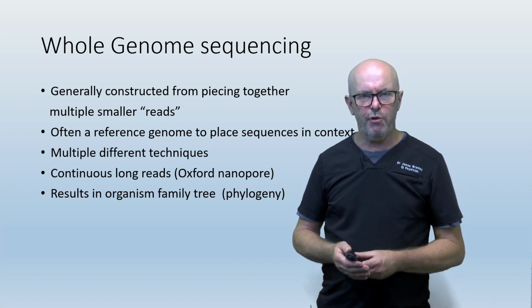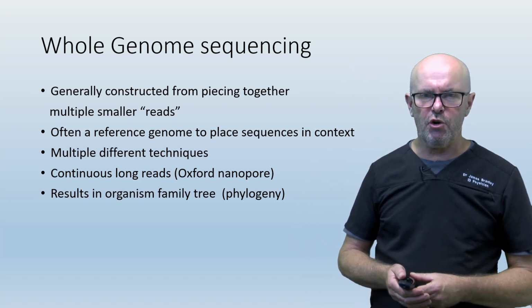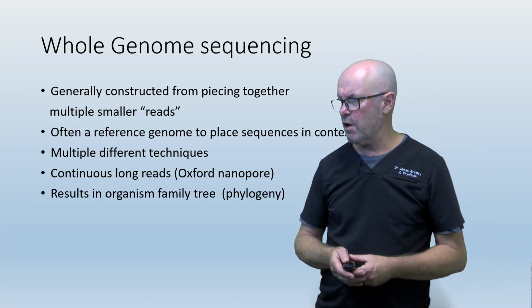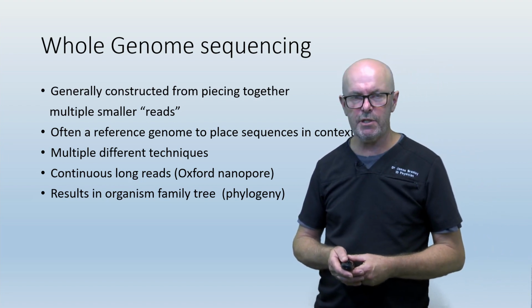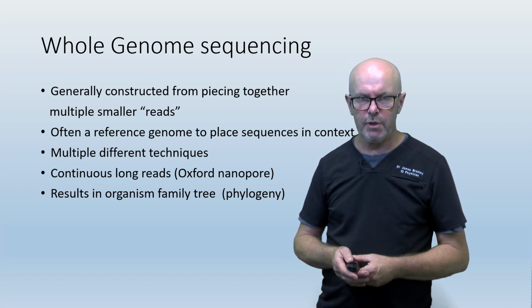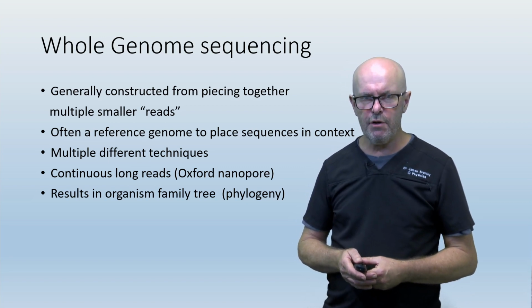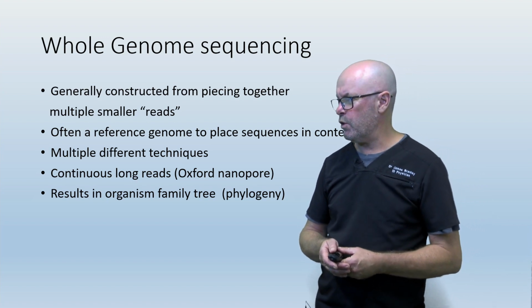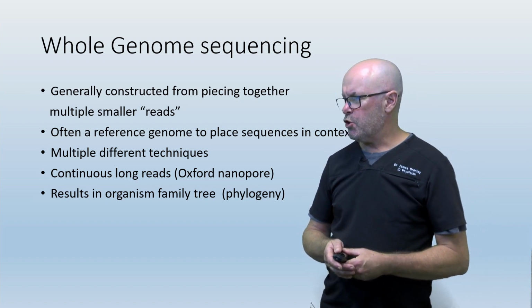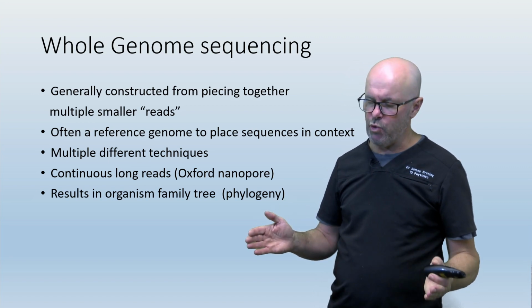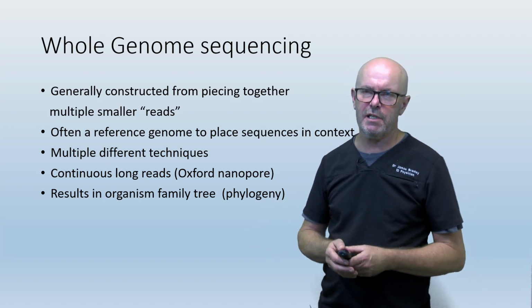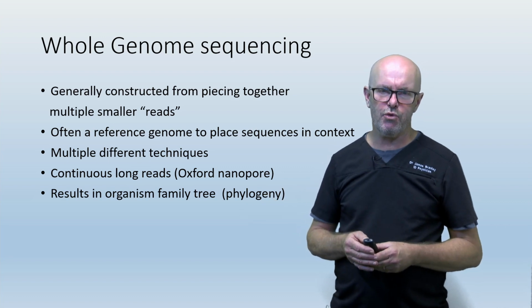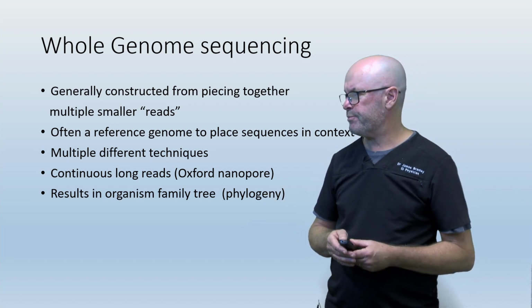I just want to, before finishing, move on to touching on whole genome sequencing and the usefulness of genome sequencing. Many of the different techniques available for whole genome sequencing use a series of reads of varying lengths, and then construction using bioinformatics of those reads into a whole genome.